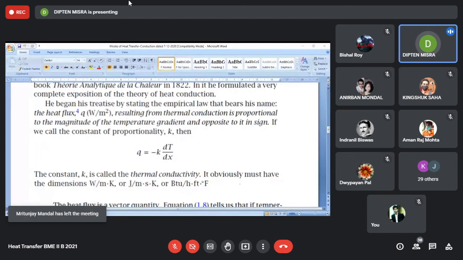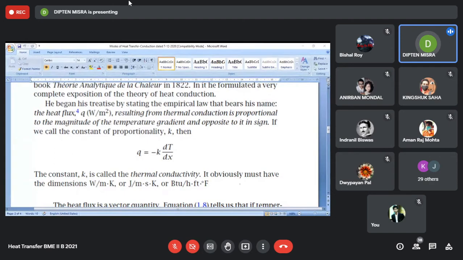If we have a case of three-dimensional steady state heat transfer, then steady state means T is not changing with time, but three-dimensional means heat flow is taking place along three dimensions. Then you have to find qx equal to minus k into ∂T/∂x. Heat flux along Y, qy, will be equal to minus k into ∂T/∂y. Heat flux along Z will be qz equal to minus k into ∂T/∂z.